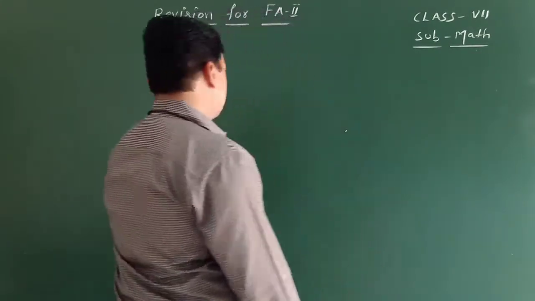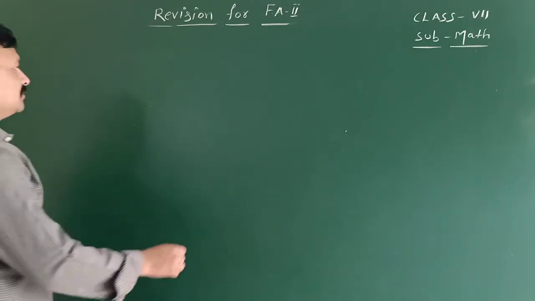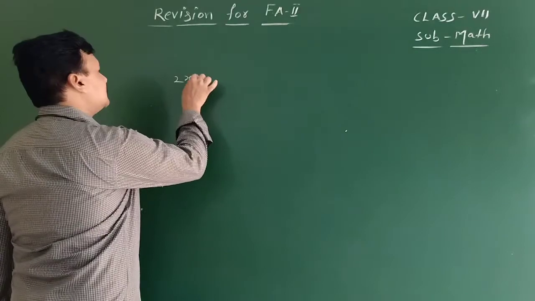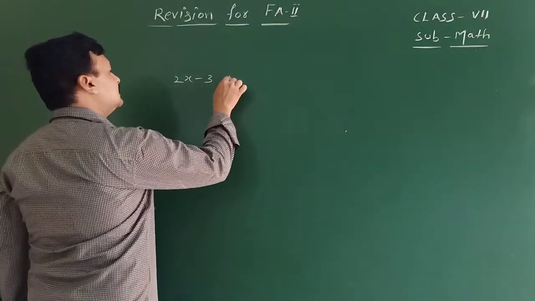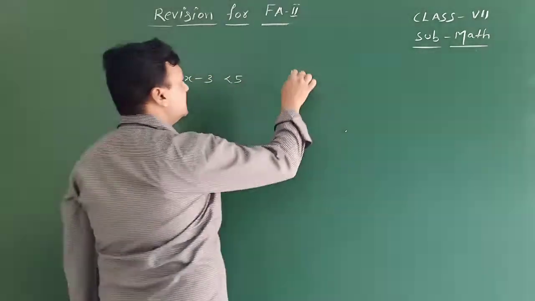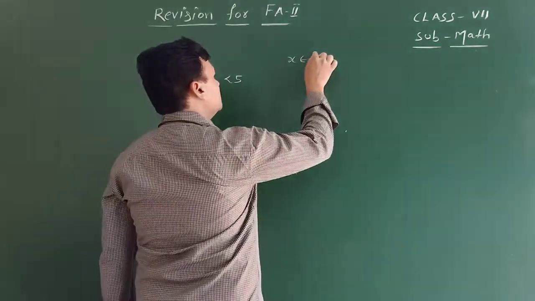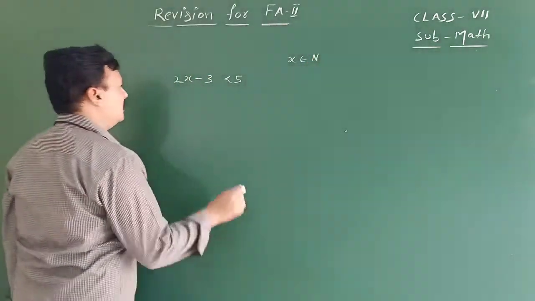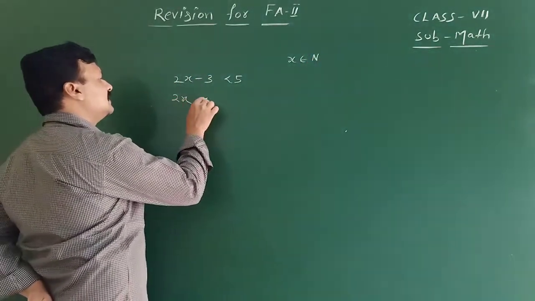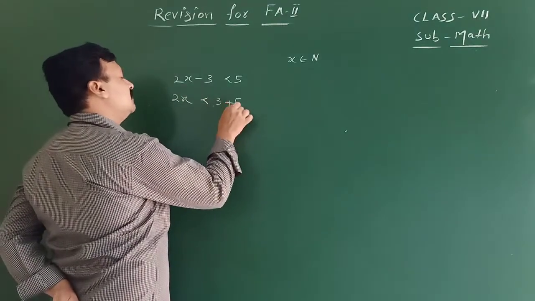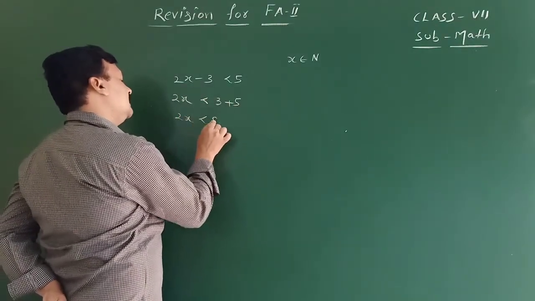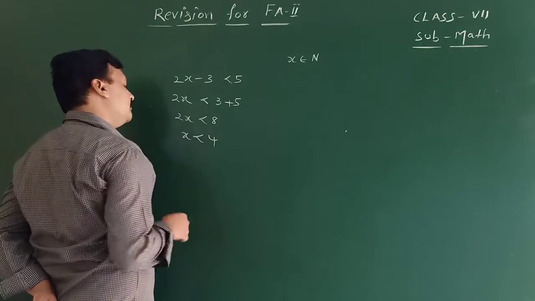The replacement set is given means from the replacement we need to choose the solution set. For example, 2x minus 3 less than 5 is given. Here x belongs to N is the replacement set, meaning here 2x less than 3 plus 5, 2x less than 8, x less than 4.